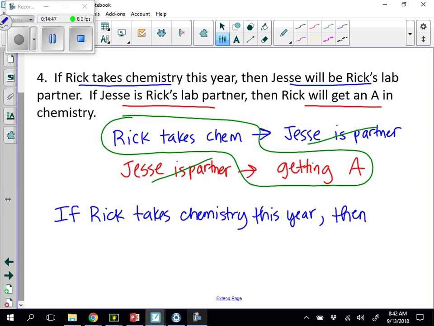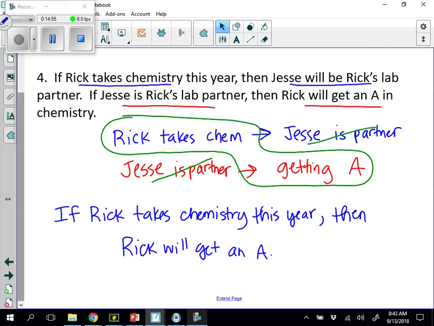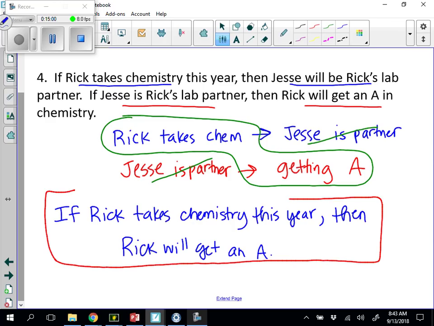So if Rick takes chemistry this year, then Rick will get an A. That's my final statement. So when I do law of syllogism, I should be able to write a third if-then if I can apply this law. So I like to separate out what I've got here. I like to write this sort of process, and if I can find something that cancels from ending to beginning, then I can apply my law of syllogism.